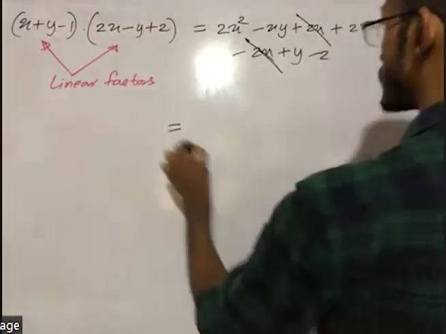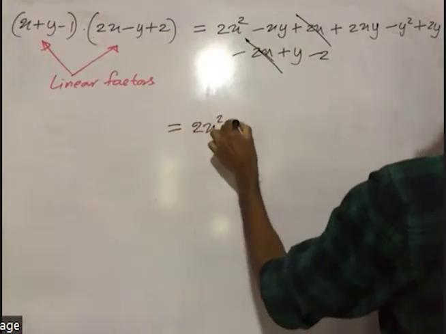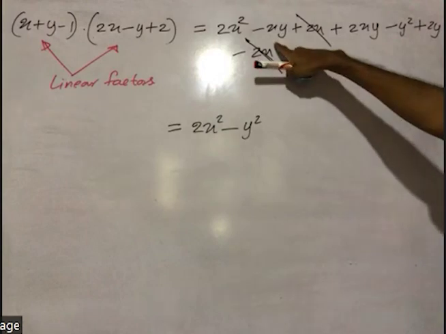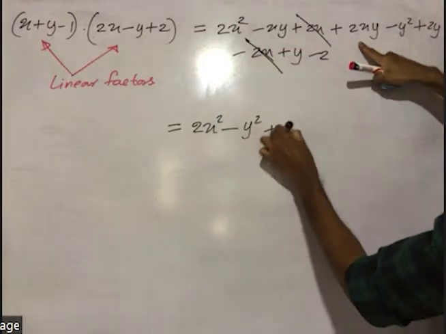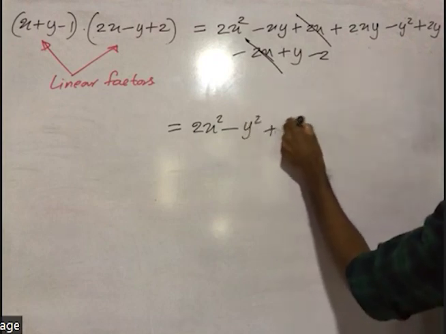Then we have 2x square minus y square. Here we have minus xy plus 2xy, so we can write plus xy.